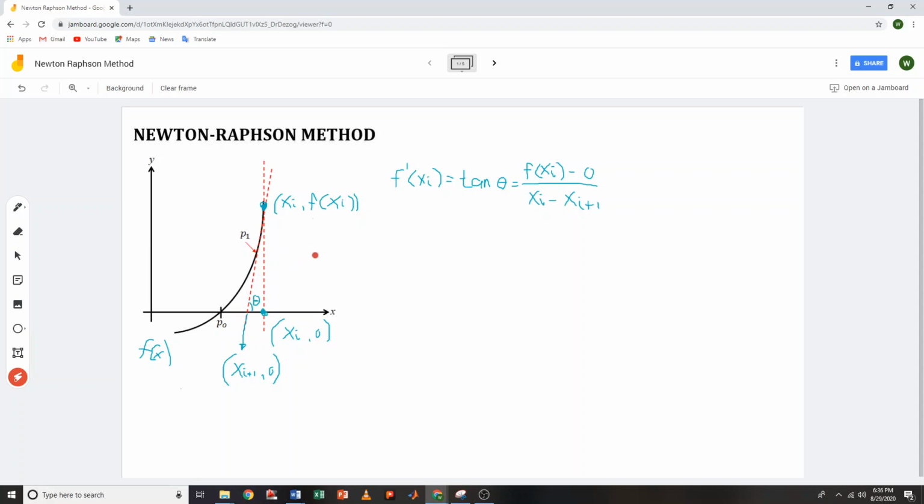Let me discuss this. For example, this is the initial approximation point.